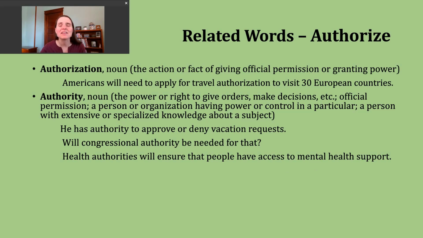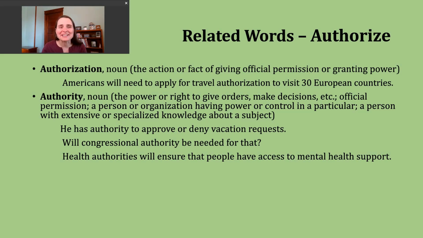An example of this: health authorities will ensure that people have access to mental health support. So, this might be referring to many people, or perhaps a government agency, a public health organization, right, that has power to get people access to mental health support.